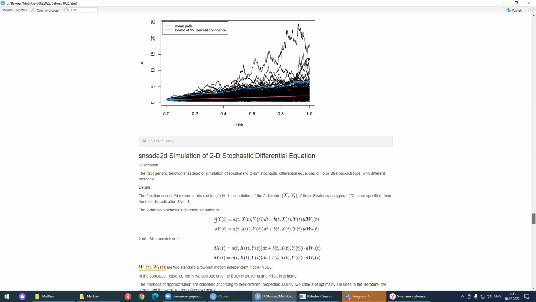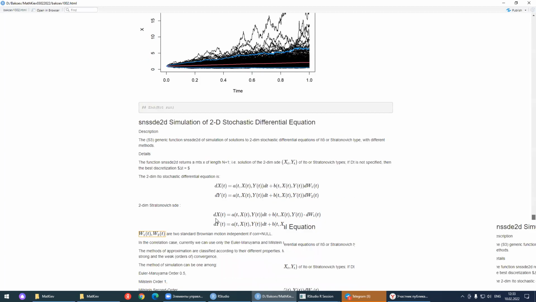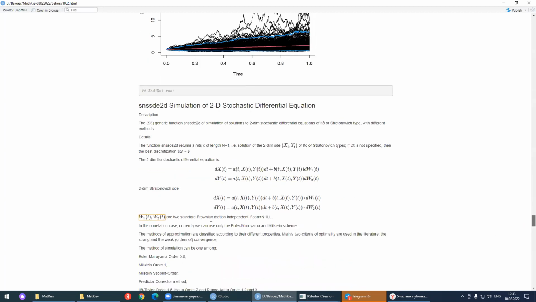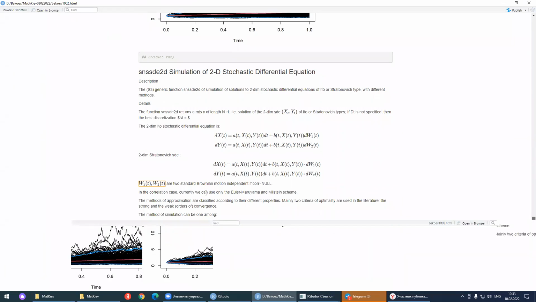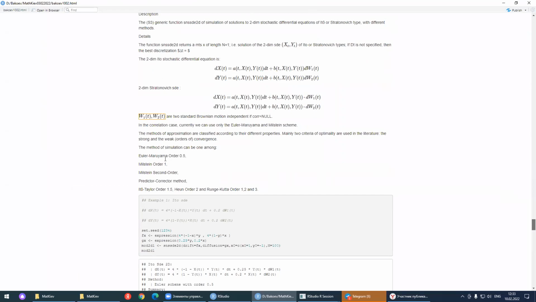For a system of stochastic differential equations, you can use the following methods: the Euler methods, Milstein methods, or Runge-Kutta methods, etc.